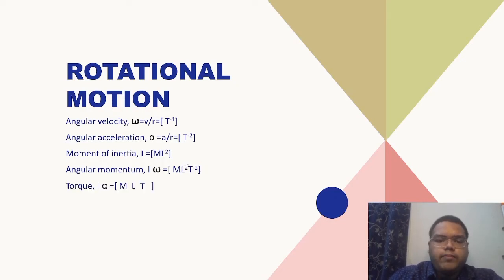In angular momentum, you can also use the formula mvr equals angular momentum L. Okay. Torque is denoted by tau and it is I alpha. So M to the power 1, L to the power 2 and T to the power minus 2.